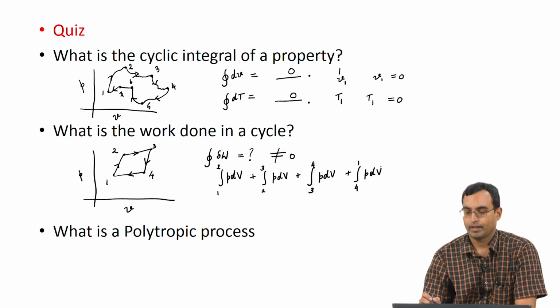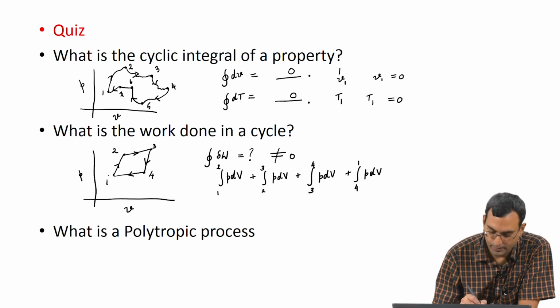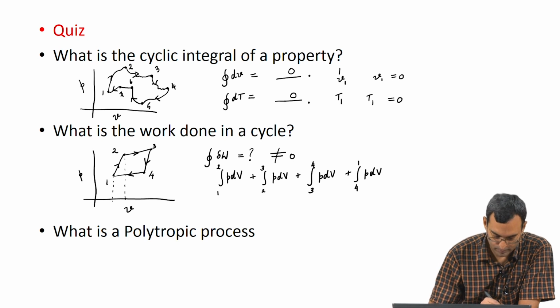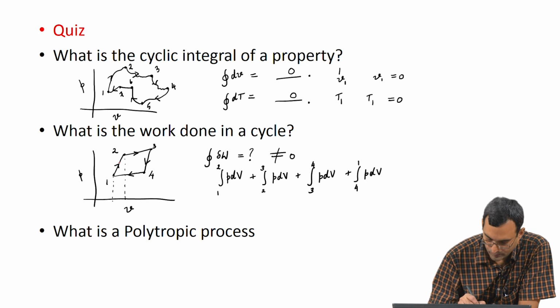So, we can actually look at these areas. From 1 to 2, this integral would be the area under this curve on the V-axis from 1 to 2, which is essentially this area.